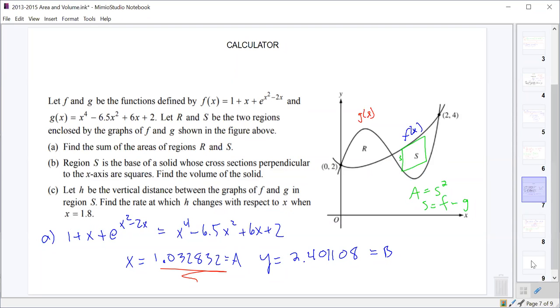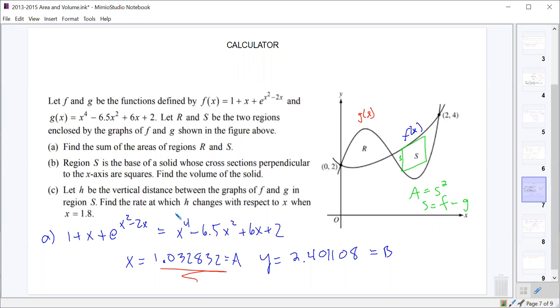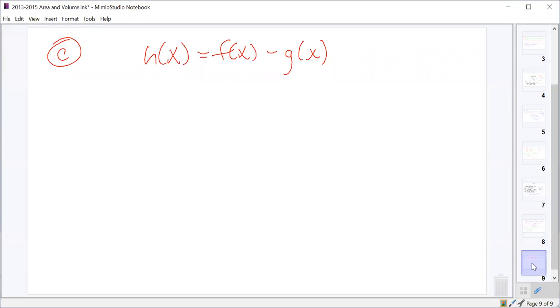So first off, we'd want to say something like H of X is F of X minus G of X. And if we are asked to find the rate at which H changes, how do we define a rate at which a function changes?